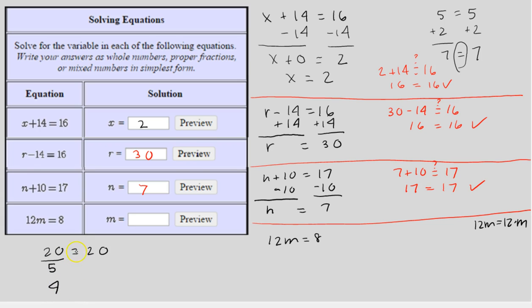Well, in order to keep this equation equal, you would also have to do the same thing, divide yours by 5, and we get 4 equals 4. So the original 20 equals 20, that's true. We divided both sides by 5, we get 4 equals 4, which is also true.